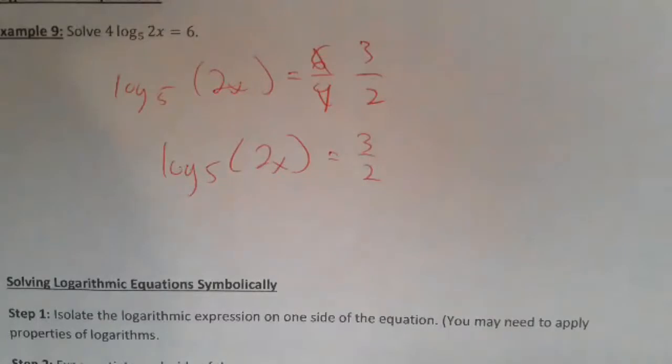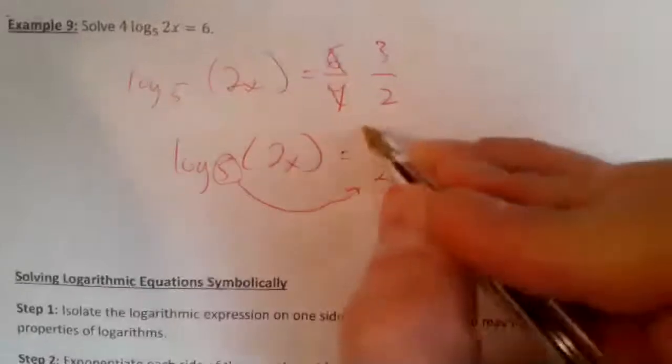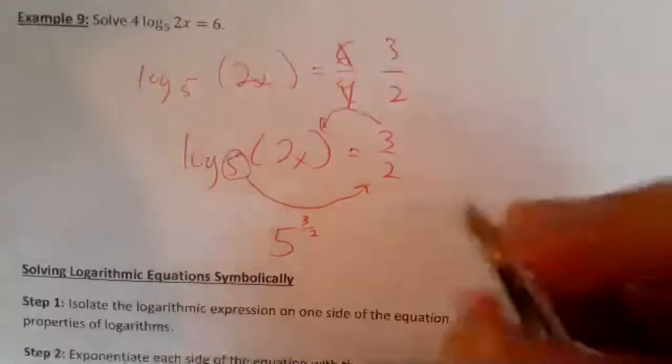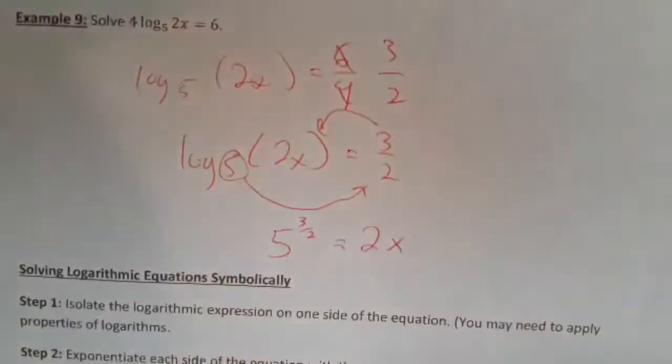I can exponentiate everything with the base 5, or I can look at my log properties and do this sort of thing. 5 to the 3/2 is going to be equal to that thing that's on the inside of the log. And so that's coming from the definition of my log. Either way, you're going to get the same thing, whether you do the inverse property or the definition of the log. You should be able to get to this step.